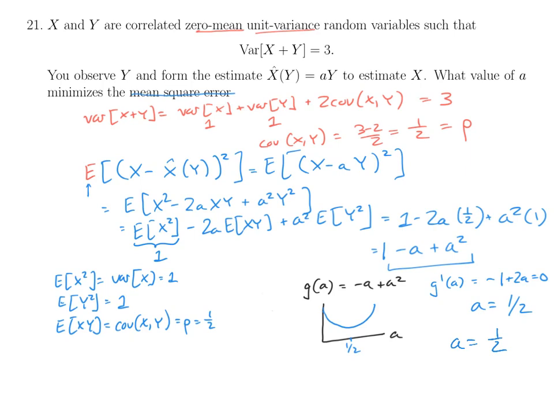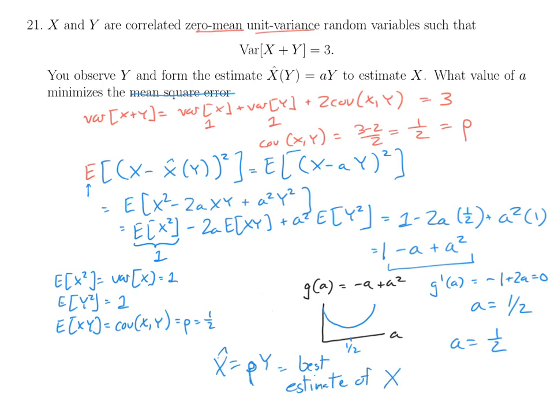In these cloud pictures on the previous slide, when x's and y's are correlated, the straight line where x is equal to rho y, where x hat is equal to rho y, is the best estimate of x.